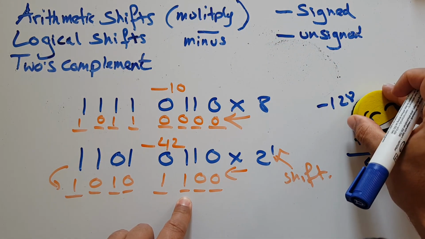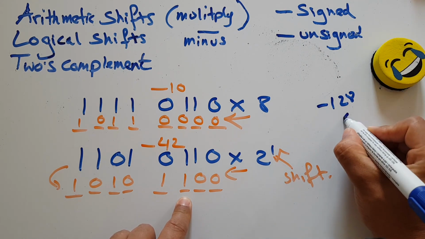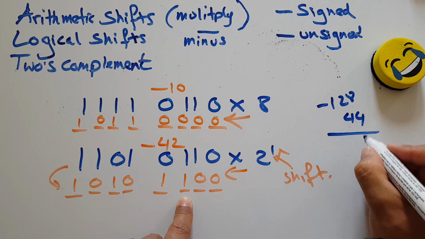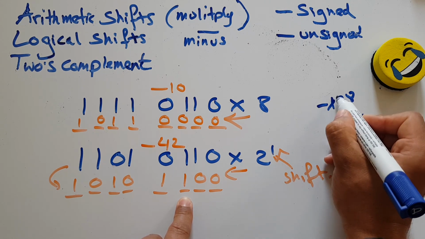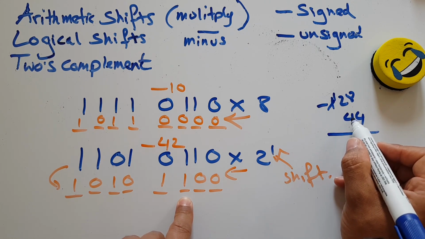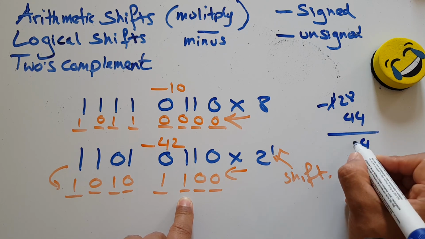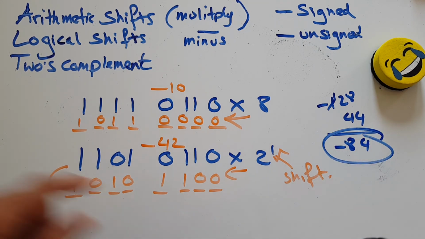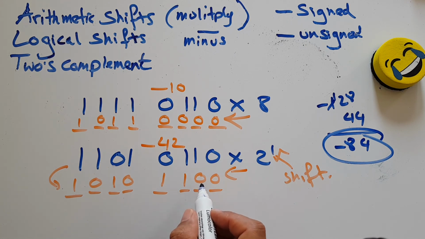So now 128 minus the 44. Can't do that. That becomes 12, 6, 6, that's 8. And there's my answer, minus 84. So my orange binary is minus 84.